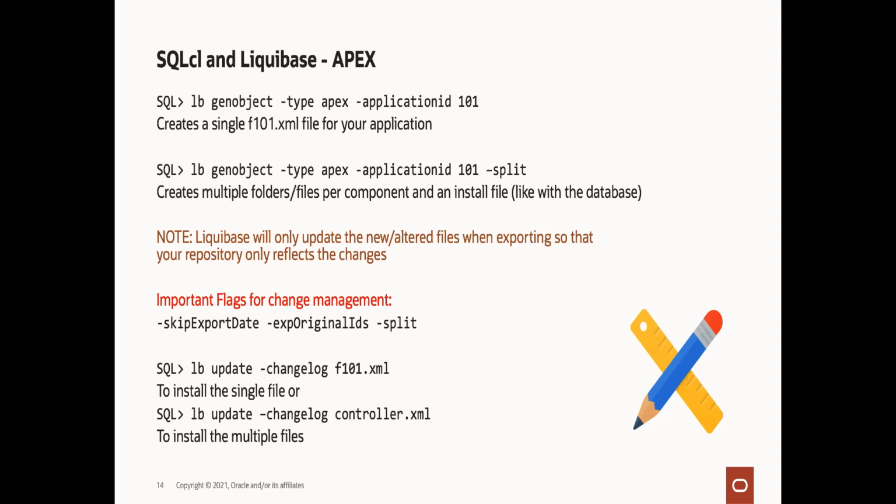Now, with this, there are 2 important flags we'd like to make you aware of that you'll want to use. One is skip export date, and the other one is export original IDs. Very important to use these, especially for change management. If you don't, Apex, just in the exporting process, will start changing these, and then every file that goes into your repository will be flagged as changed, because now you have all new IDs and all new dates, or it's going to add the export date on there.